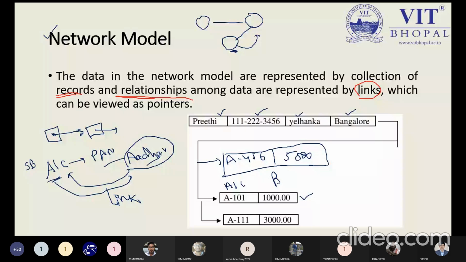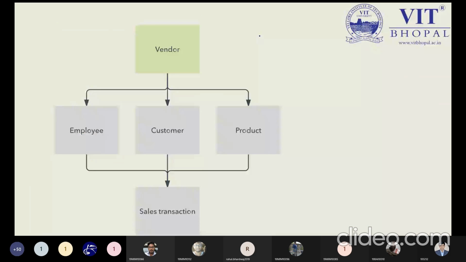Now see, we have an example over here, the vendor. This vendor is connected with the employee, customer and product. So this vendor keeps the information about the employee, customer and product. And this sales transaction can be done by these three relations: the employee relation, customer relation and product relation.